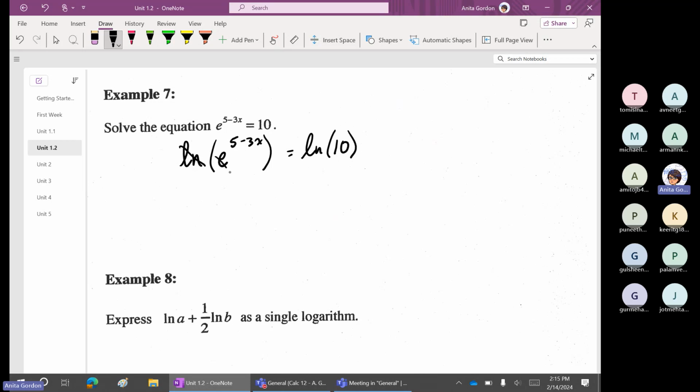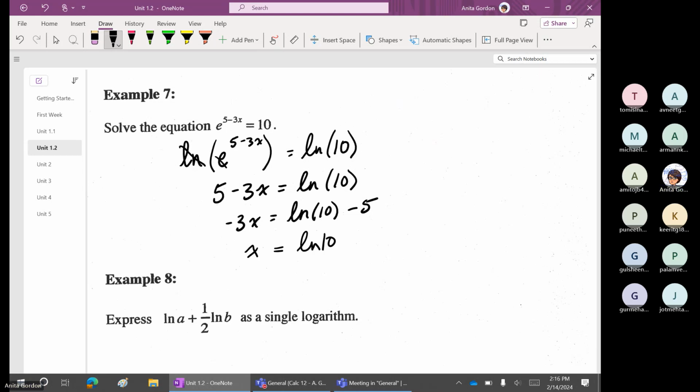The ln and the e cancel out, and what's left is 5 minus 3x equals ln 10. So x equals ln 10 minus 5, over negative 3. You check that in your calculator. Not going to worry about it.